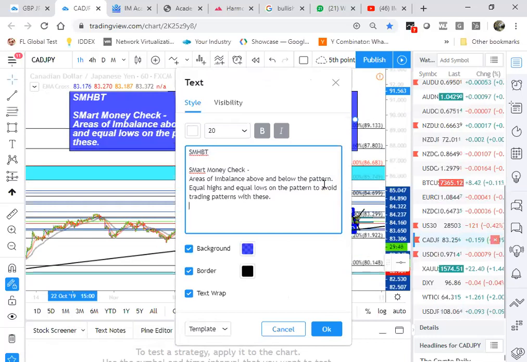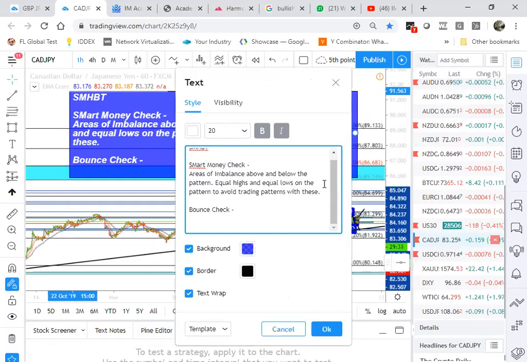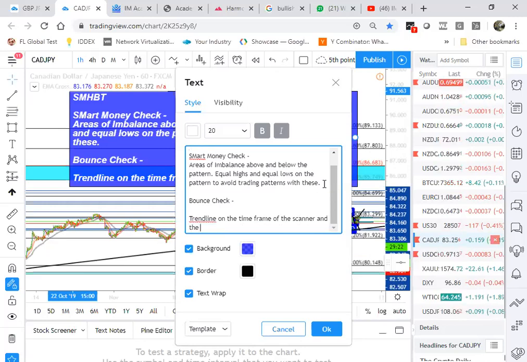Then we look at the bounce check, right? Which is basically the trend line on the time frame of the scanner, and the EMA cross, right?